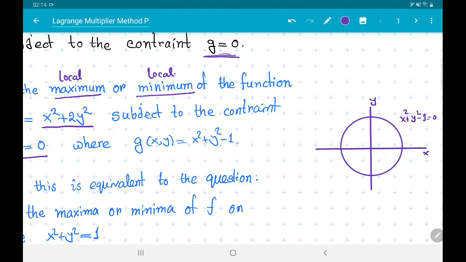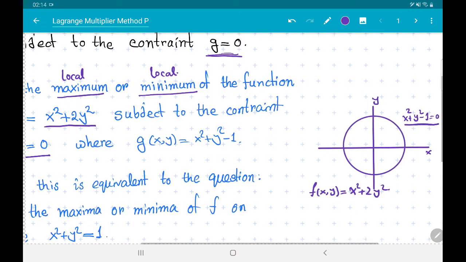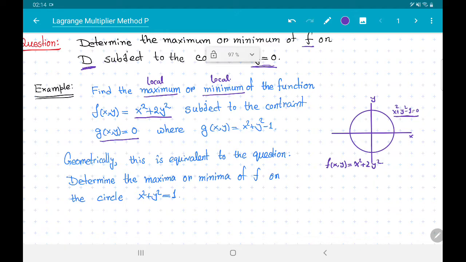So geometrically the problem asks us to do the following. We are supposed to determine the maximum possible value of f of x, y, which is given by x square plus 2y square, on the perimeter of the circle. The circle is given by x square plus y square minus 1 equal to 0.